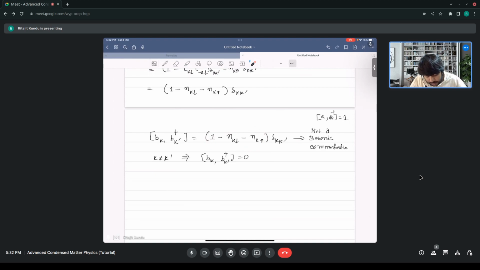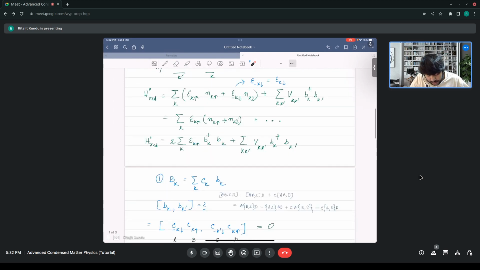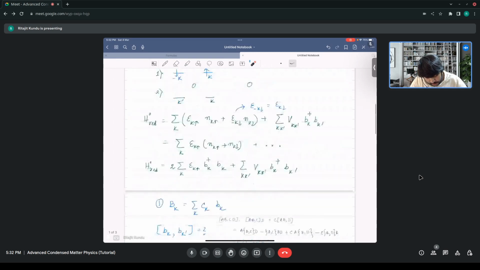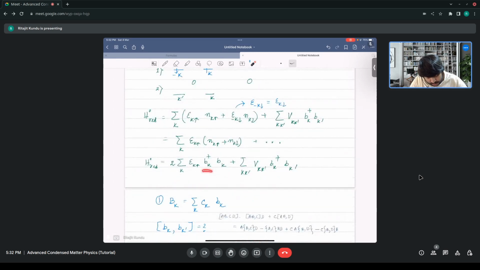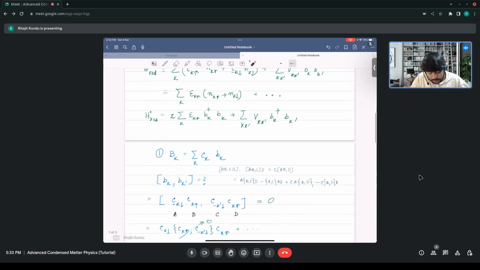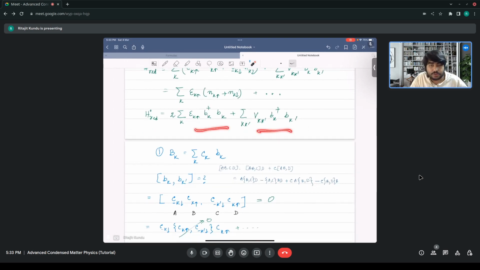So these are not perfectly bosons, so we actually cannot diagonalize this Hamiltonian with a linear combination of these B's, like I mentioned before. So we have to find some other way. This is a very important point, just to see that not always can you diagonalize this kind of Hamiltonian, because these are not pure bosons.